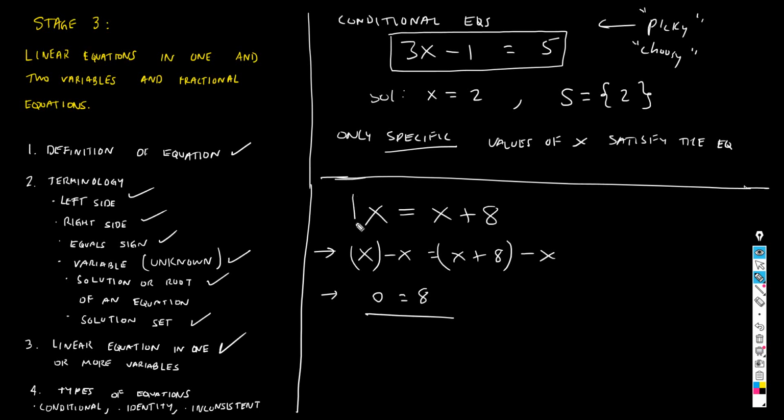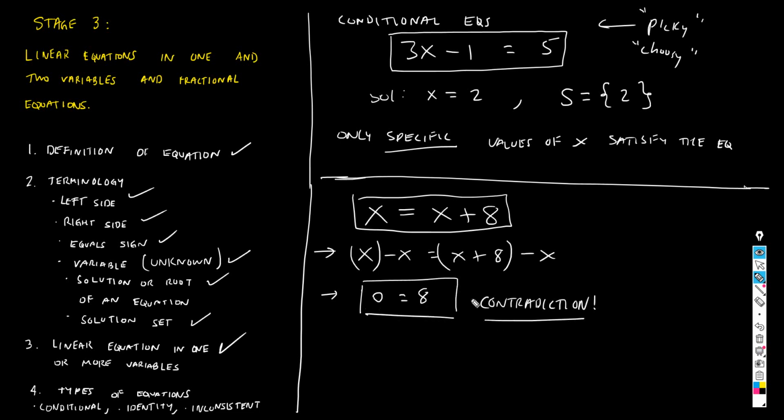I started with this equation, and then I followed some logical process. I subtracted x from both sides, which is perfectly valid, and I arrived at this conclusion that 0 is equal to 8, which is clearly a contradiction. It's not true that 0 equals 8. So when I arrive at a contradiction, what this tells me is that my original equation was inconsistent.